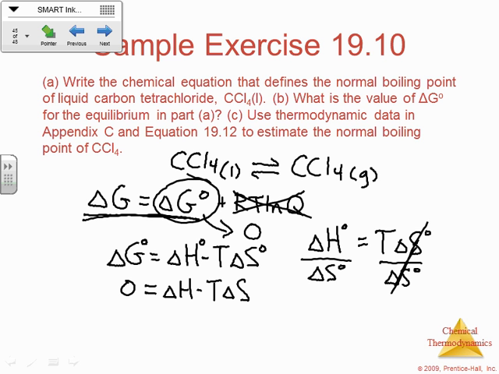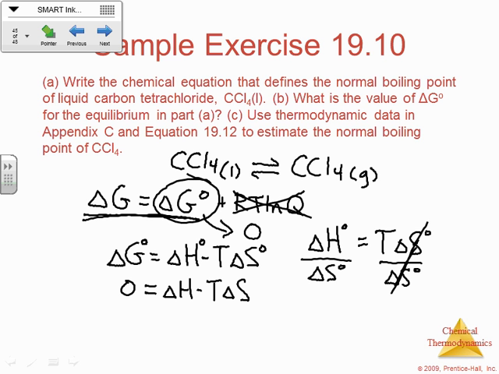So the delta H for this one, rather than looking in the back of the book, I'm going to cheat and just look at the sample problem here. I need both of these values.